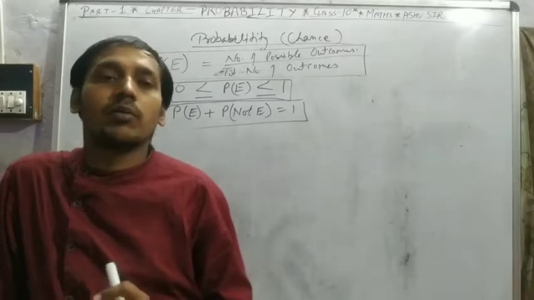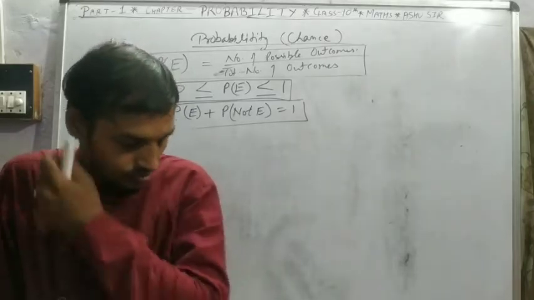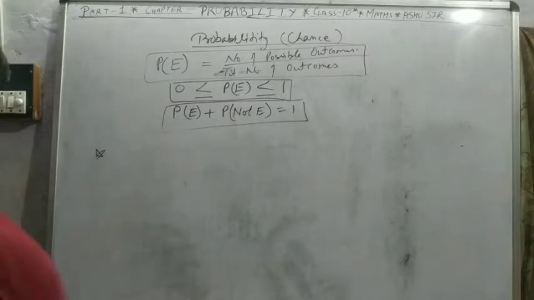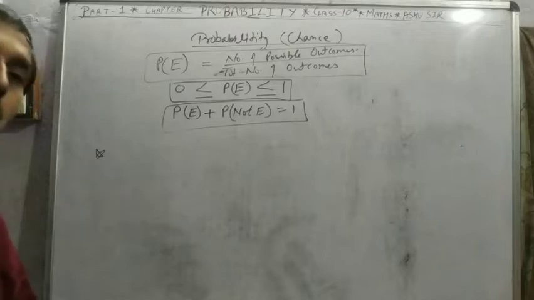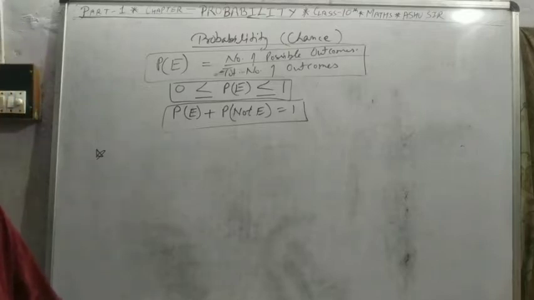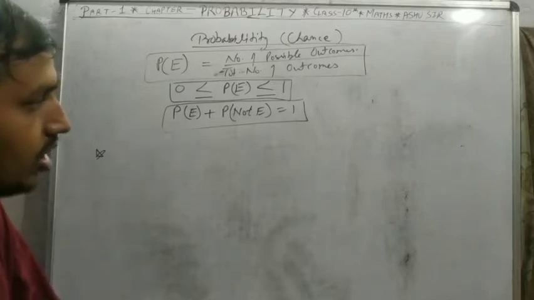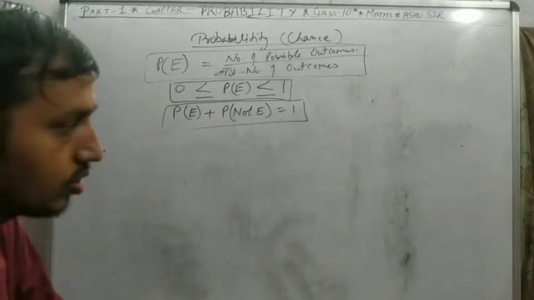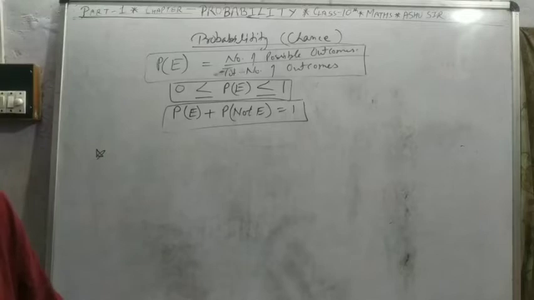So that's called a random experiment. Then the sample space is all possible outcomes. Just like if we take a box, there are 12 outcomes, that is the total sample space.